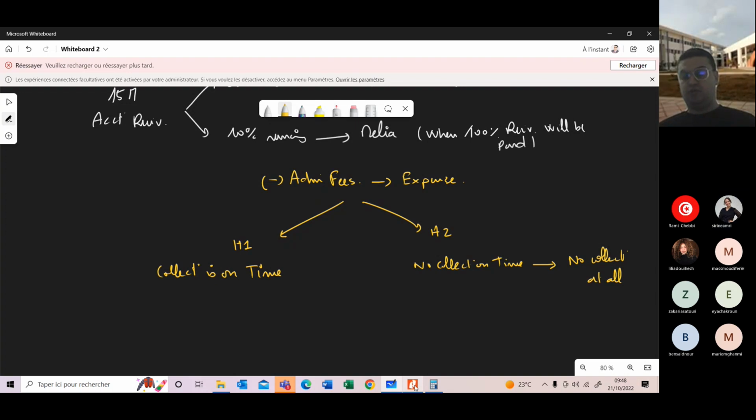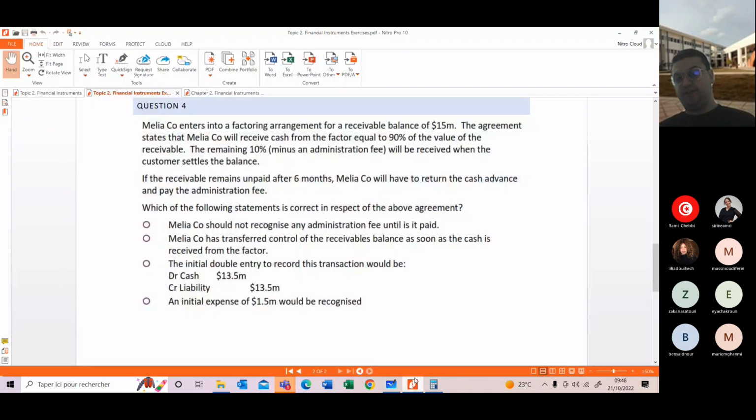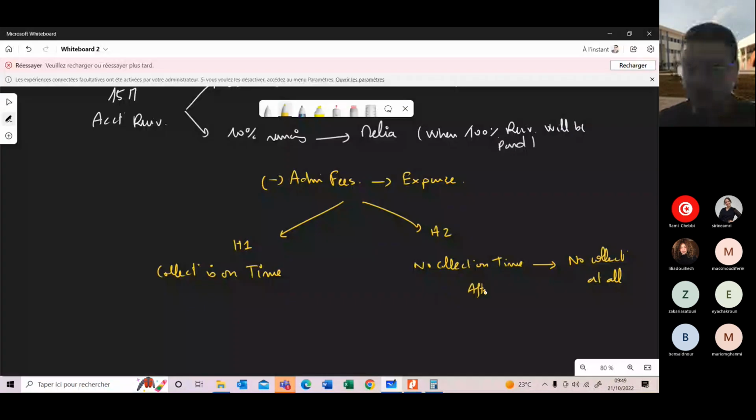Yes. Let's read this sentence after. If the receivable remains unpaid after 6 months, Melia will have to return the cash advance. I'm talking about the 90% she took, and pay the administration fee. I can say that this is no collection at all. It means that after 6 months, you record the administration fees.